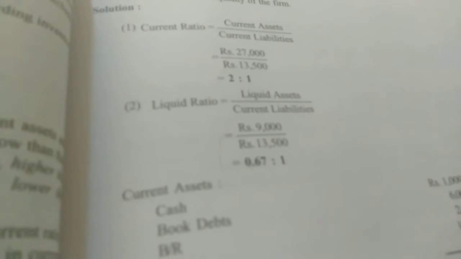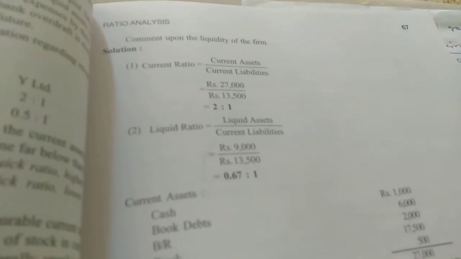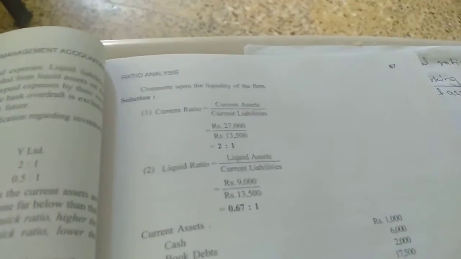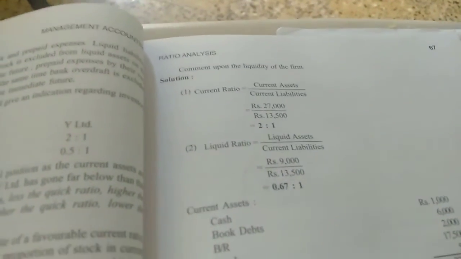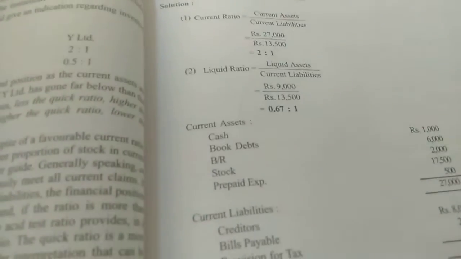Similarly, we are going to calculate the liquid ratio. Now liquid ratio, we know, is liquid assets upon current liabilities. Now what are the liquid assets? Liquid assets are those assets which can be converted into cash. So what are those liquid assets?